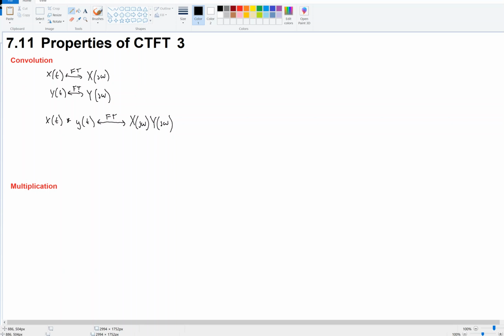Let me remind you that we're talking about engineering, not just math. If you have a linear time-invariant system with impulse response h of t and input x of t, then the output is x of t convolved with the impulse response.